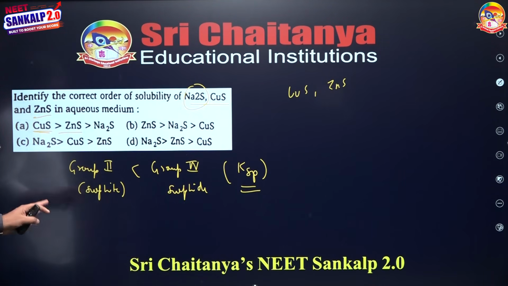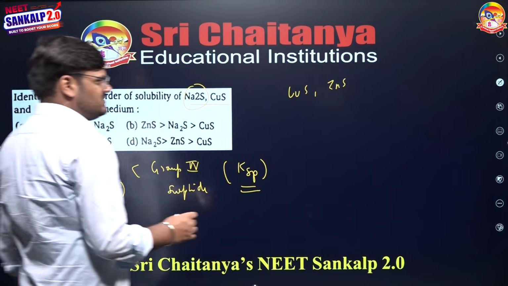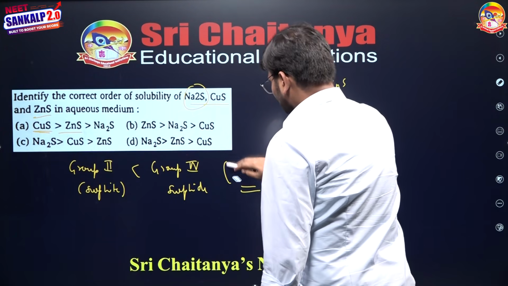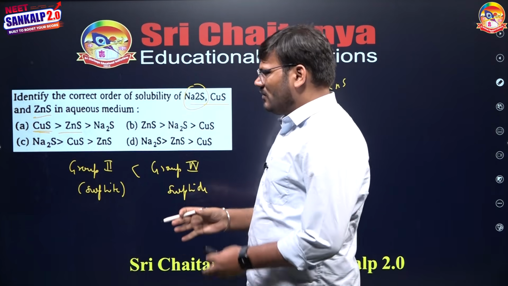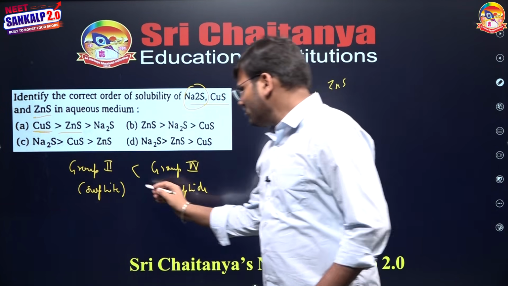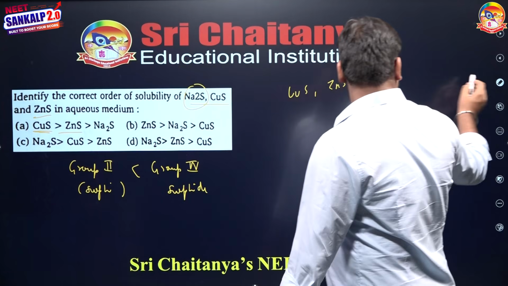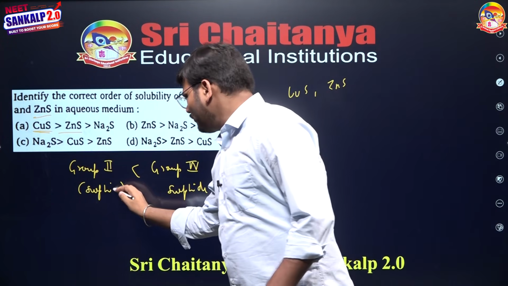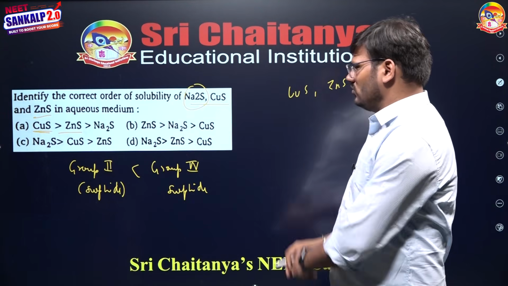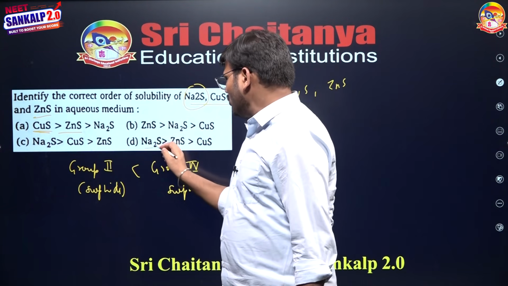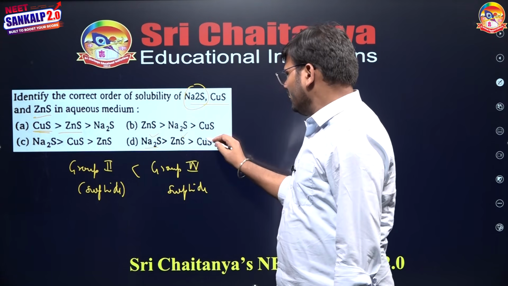Ksp of group 2 is lesser, or not Ksp, we say solubility. Better word will be solubility. And this will be compared, their solubility of group 2 sulfide salts. Sulfide salt of group 2, they are having lesser solubility than group 4. So Na2S will be having highest solubility, then group 4, then group 2.